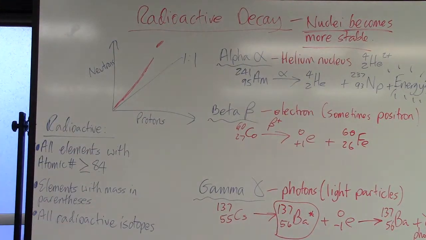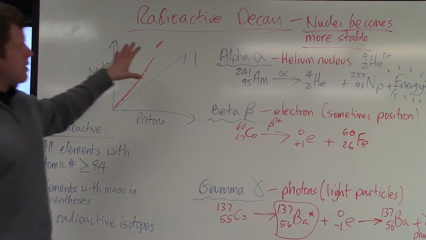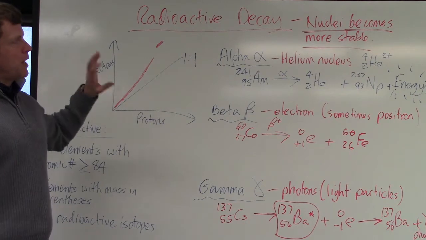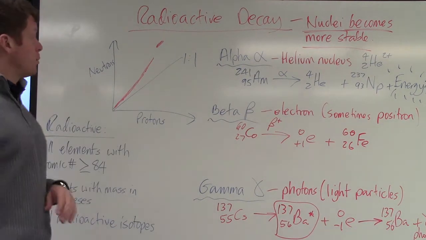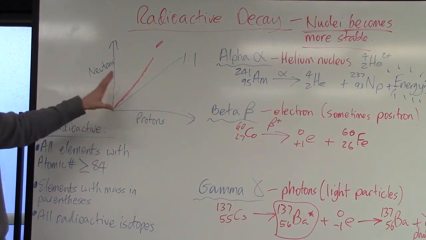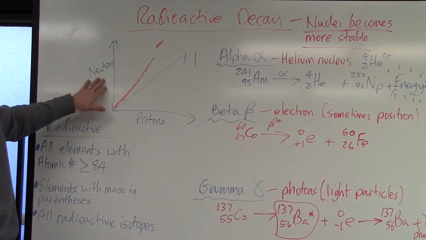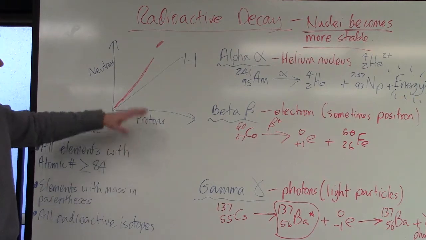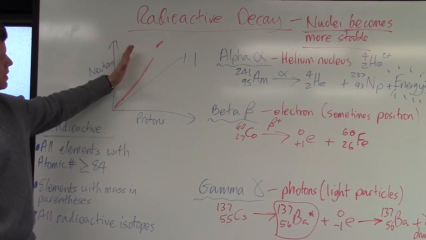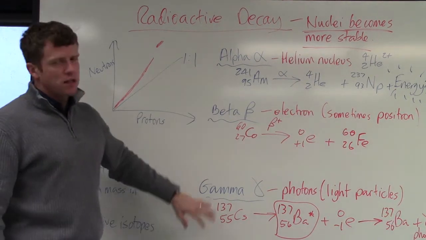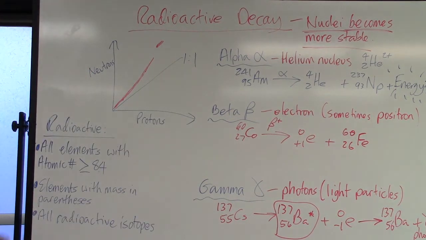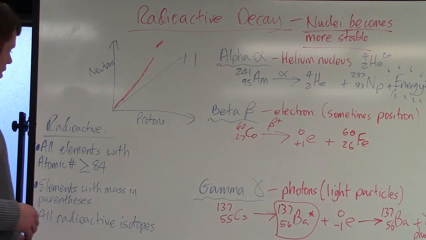So, to recap, we're looking at radioactive decay. It's the process that unstable nuclei, or radioactive nuclei, undergo to become more stable. We can analyze that on a graph like this, having neutrons plotted against protons. Elements that are outside this island or band of stability, they're too high or too low, they're going to undergo one of these types of decay. This is how we can tell, using the periodic table, which elements are going to be radioactive.